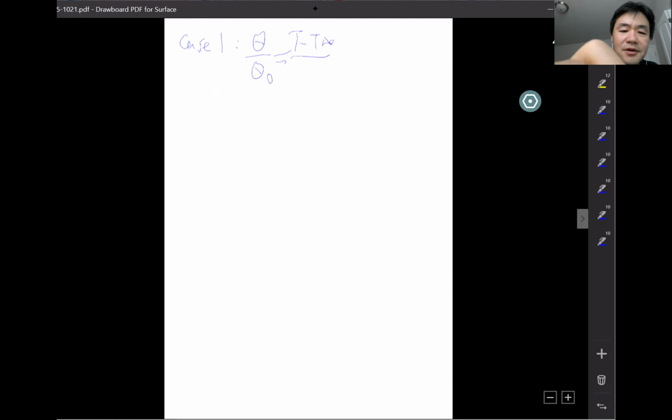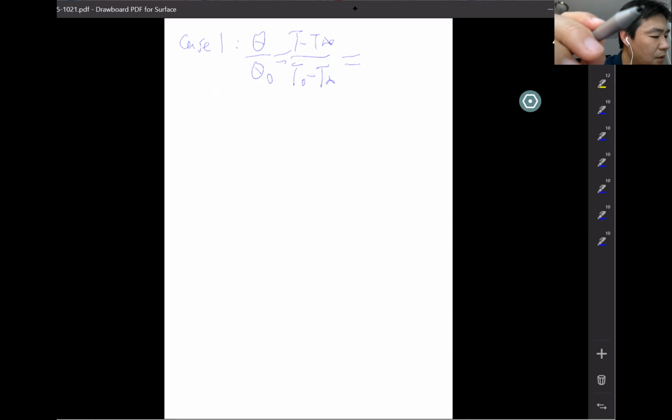Theta 0 means T0 minus T infinity. Oh, probably I didn't mention T0. T0 is the base temperature. The 0 means the starting point of the x-axis. It is the starting temperature, the base temperature.